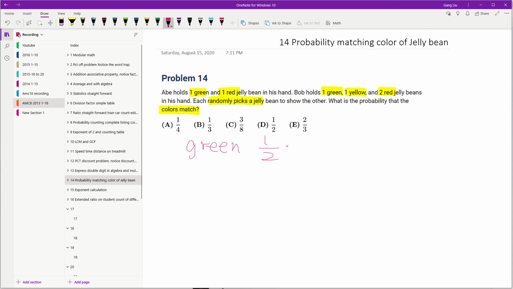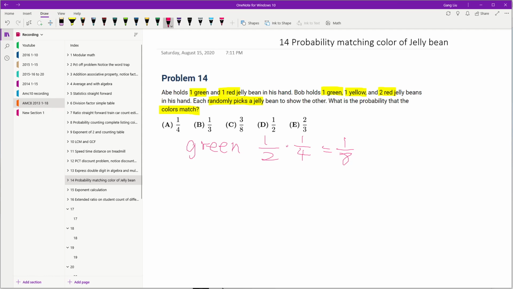Then after Abe got green, for Bob to get green, he has a 1/4 chance, because Bob has a total of 4 beans and green is one of those. So for Abe and Bob to match on green jelly bean, it has a 1/8 chance.